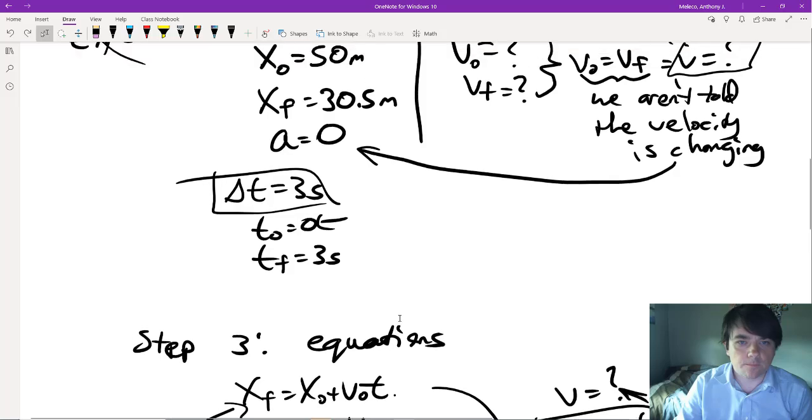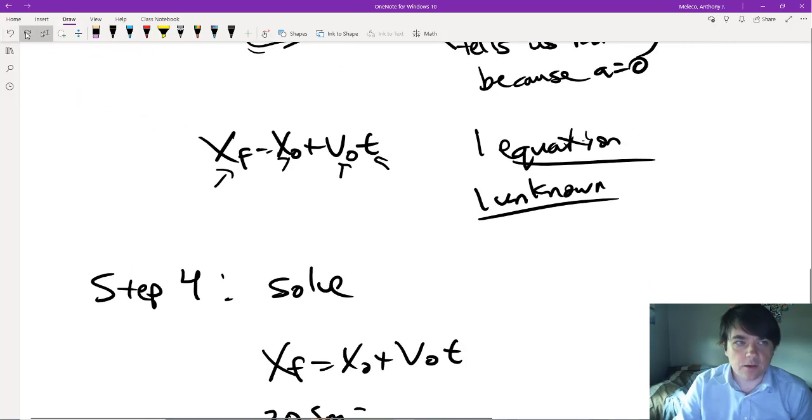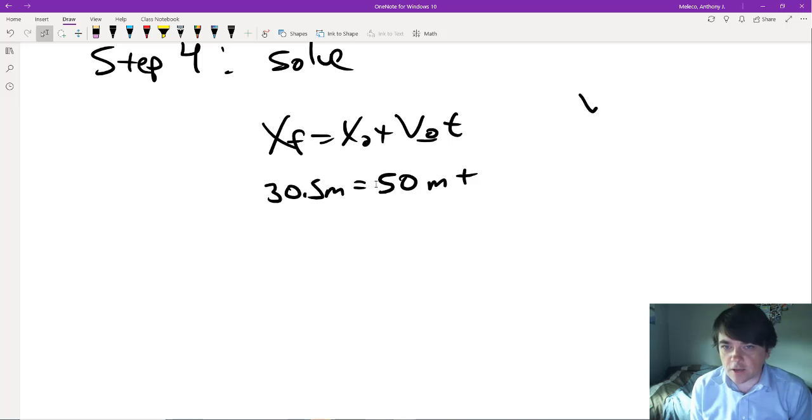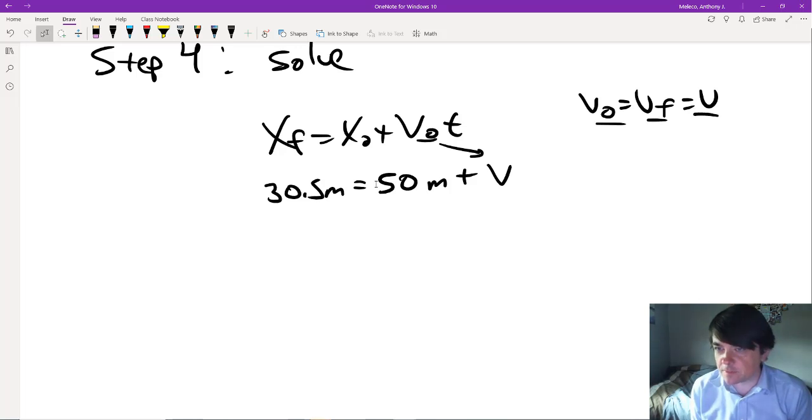Let me just go back and look. 50 meters, okay. Plus v naught, which equaled v final, which equaled v, if you remember. So I'm just going to go ahead and replace that variable now, just to not be ambiguous anymore. But you can certainly leave it because they're all equal. And then the time was 3 seconds.